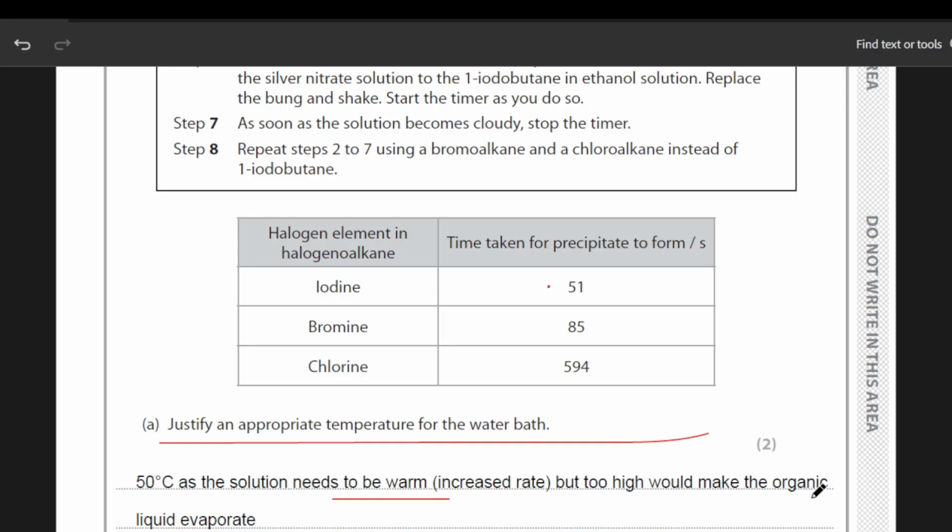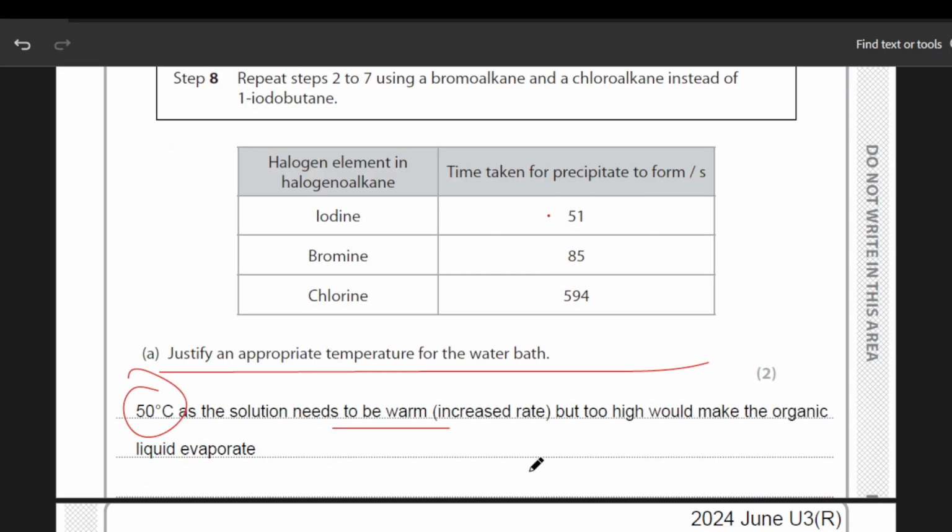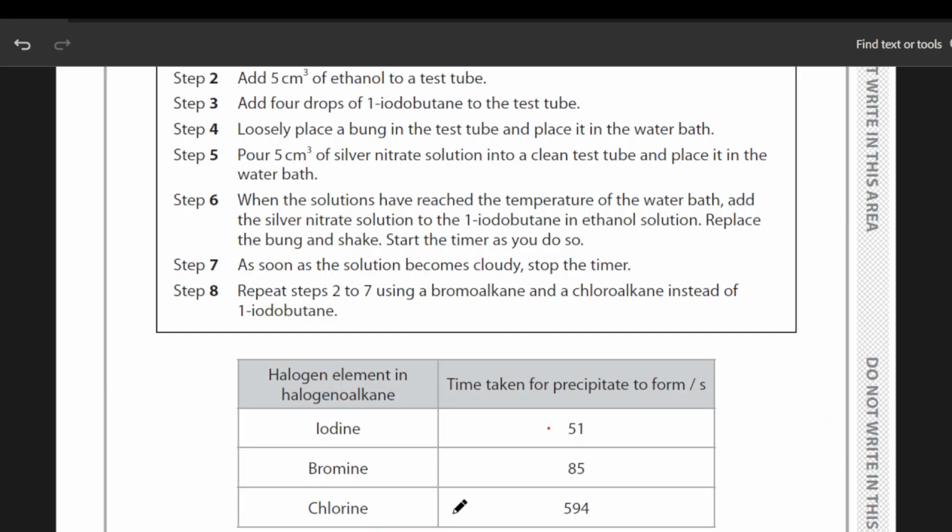But it shouldn't be that warm, because if it's too high, it would make the organic liquid evaporate. So we need to choose an optimum temperature which will allow the solution to go through an increased rate, and at the same time it must not be so high that the organic liquid evaporates.